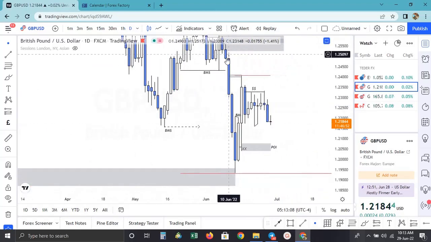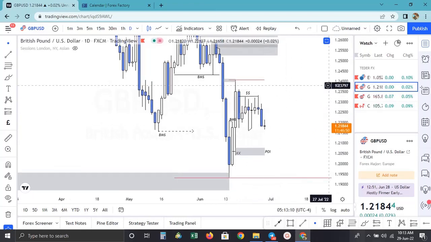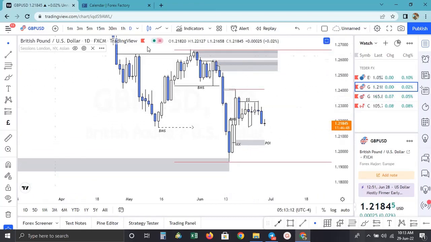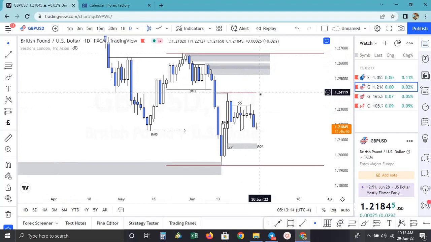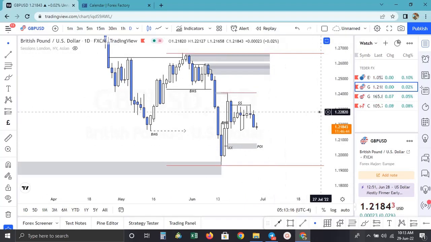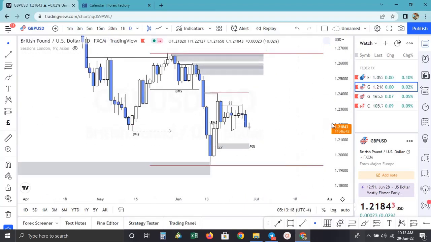Just like the way we identify the daily time frame structure, you will be like, okay, if I move that to my 1 hour time frame, what will I be doing? How can I get a trading idea right from there? It is pretty simple, family. You just need to understand multiple time frame analysis.